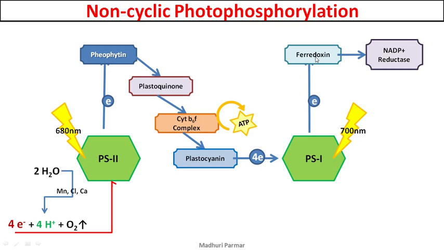Clear? So ferredoxin will give its electron to the enzyme, and this is the reaction that will happen. NADP plus 2H plus, which we are getting from the photolysis of water, those two hydrogen ions or two protons, 2H plus, will be added to the NADP plus and give you NADPH.